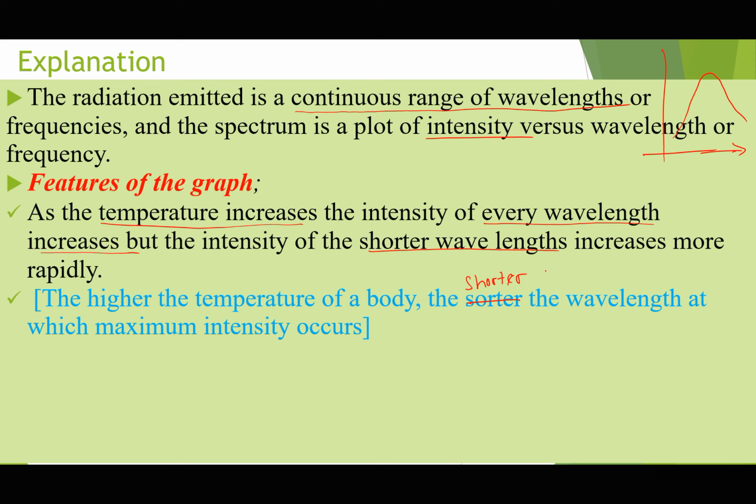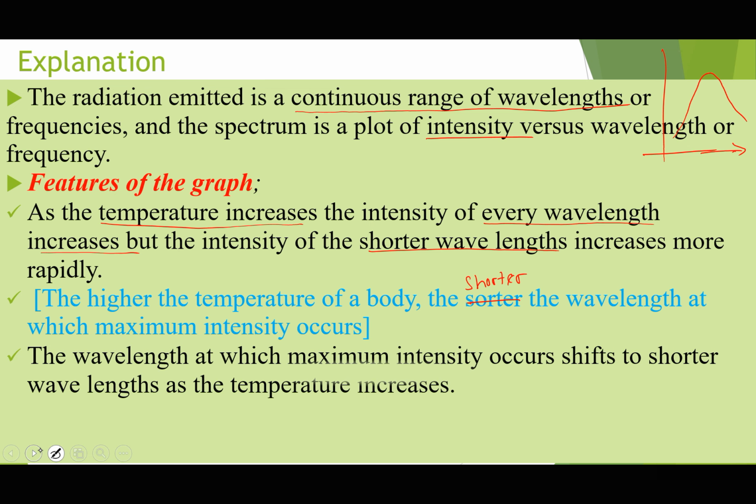And I've said this is equivalent to saying the peak shifts towards a shorter wavelength, or the peak shifts towards the vertical axis, the y-axis, which means the wavelength at which maximum intensity occurs is inversely proportional to the absolute temperature.